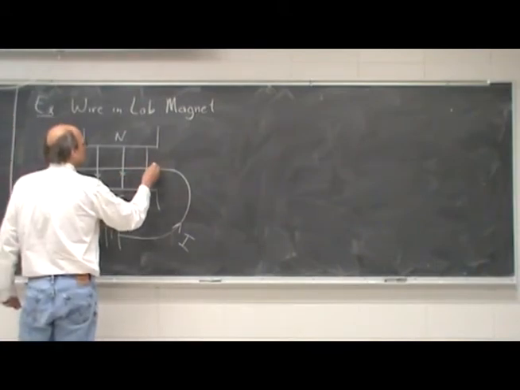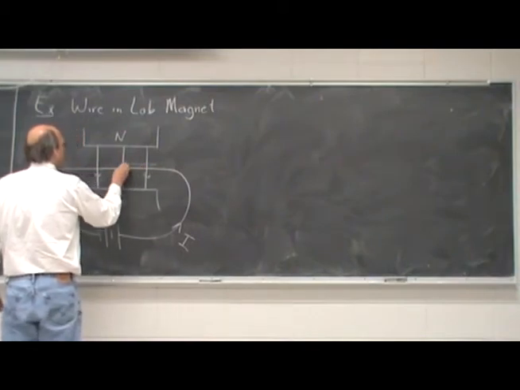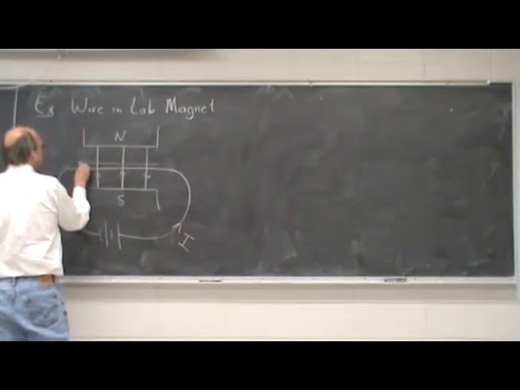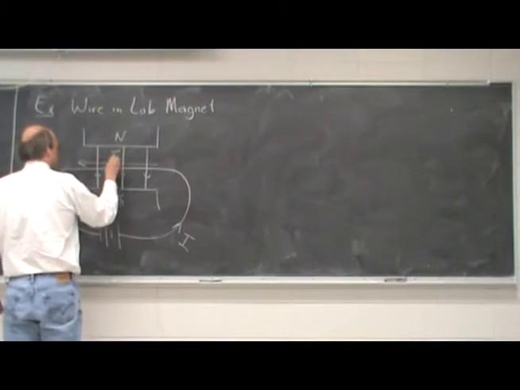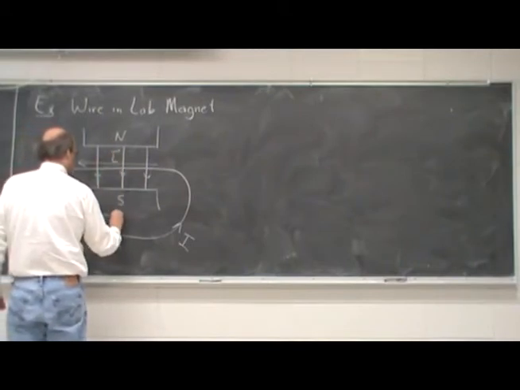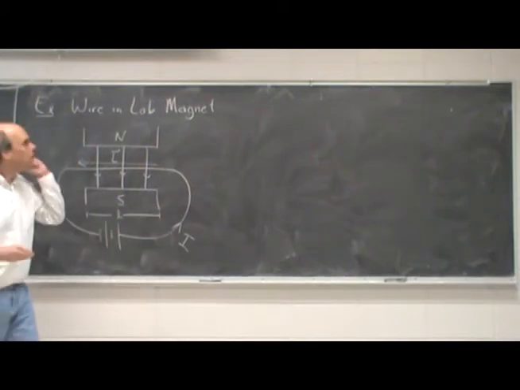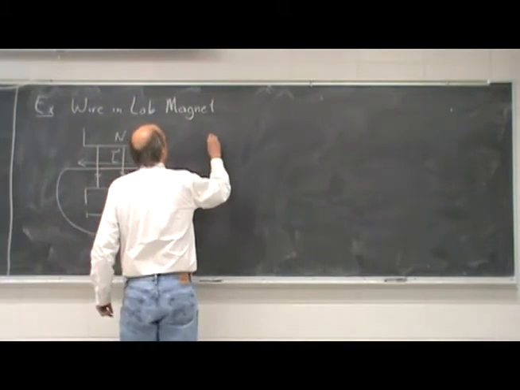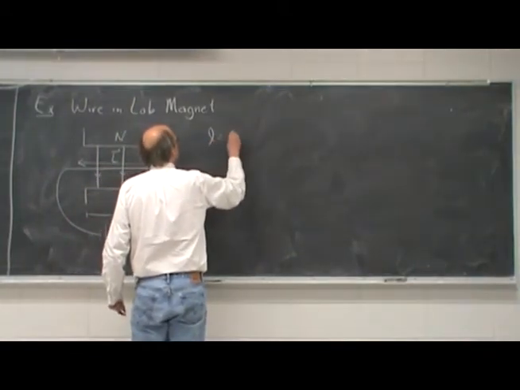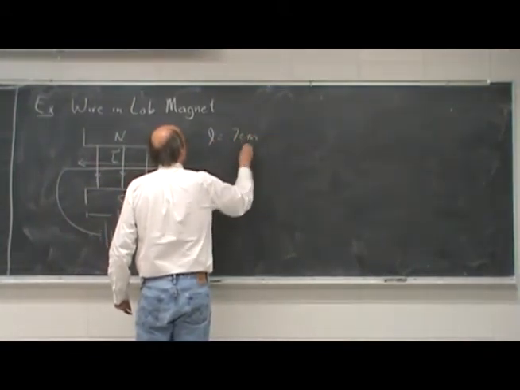So, let's see. The only part of the wire that feels the force is the part in the magnet. So there's L. We let the width of the magnet be script L. And if you measure, for our magnets, script L is 7 centimeters.